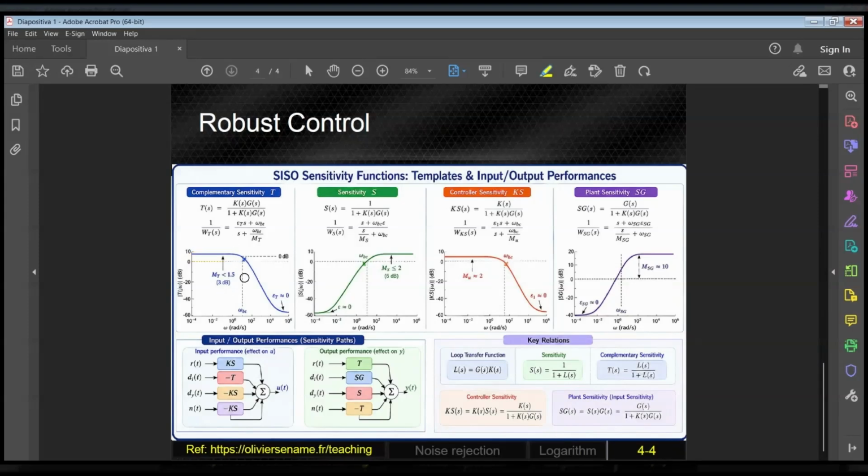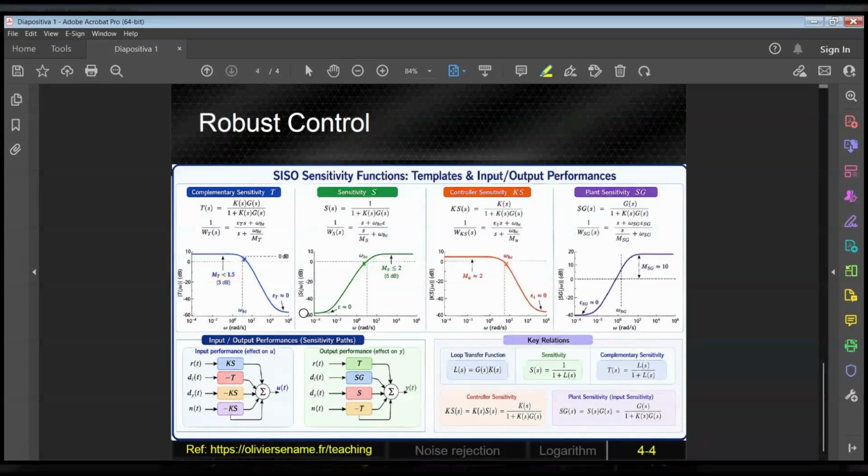At high frequencies, we want T to be close to 0 because this helps to reject measurement noise. In addition, we would like the peak of T to remain equal to or below 1.5 in order to maintain stability and robustness.